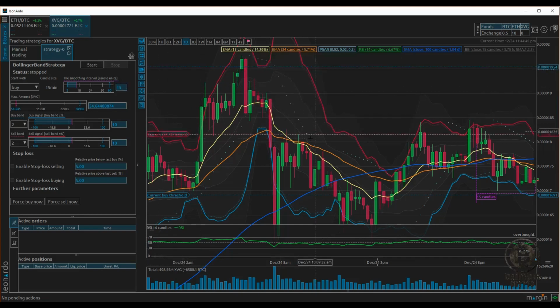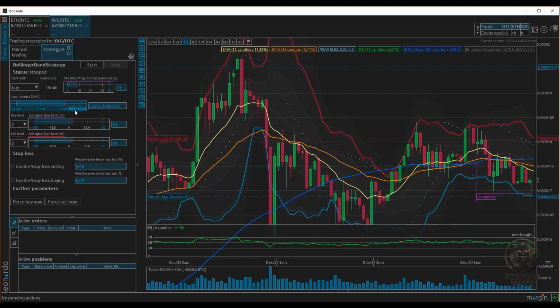I like to use around 15, which gives nice, clear lines. And here you decide how much volume you want to trade. Again, this is not the Bitcoin that you want to spend. In this case, it's the Verge coin that you want to buy. So that's very important.